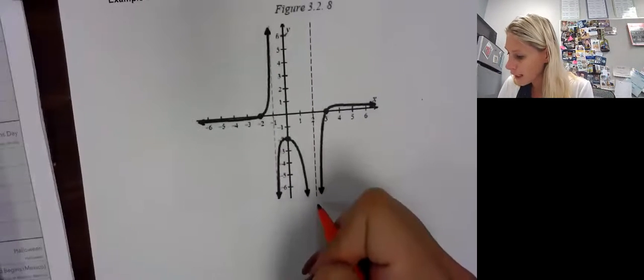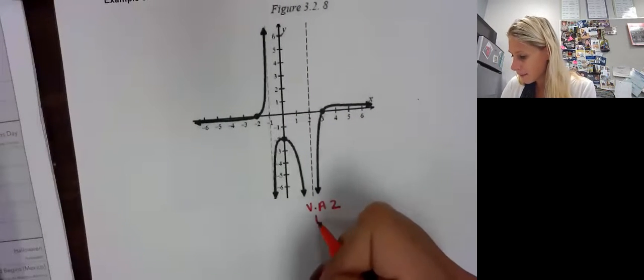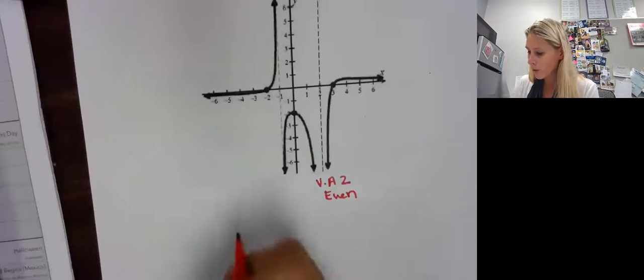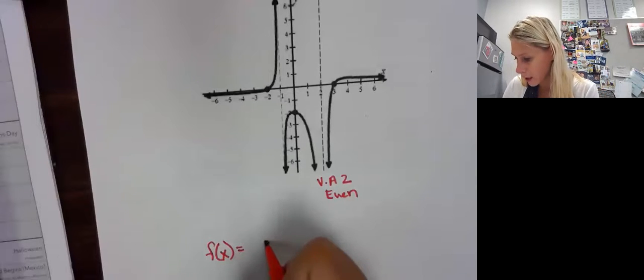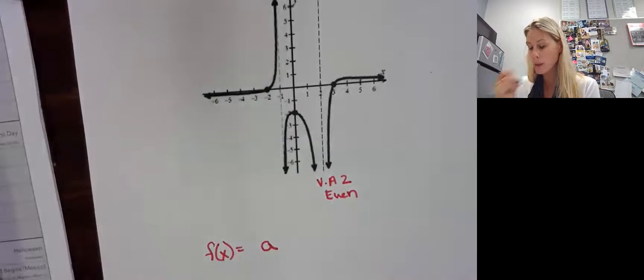So first of all, I know I have a vertical asymptote at 2, and it is even. So what does that mean about our function? Well, that means f of x equals, I'm going to write a here because we don't know what a is. Remember, we were doing that in the last couple chapters.